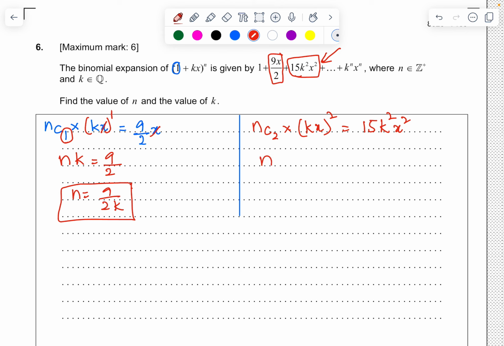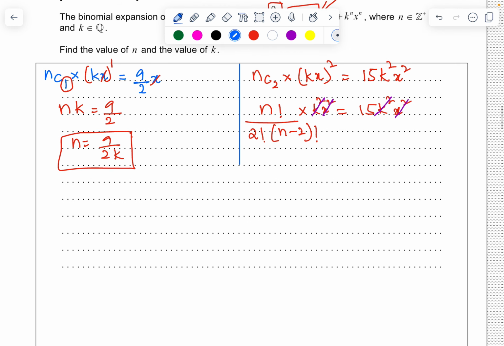NC2 is nothing but n factorial over 2 factorial times n minus 2 factorial, right? This is equal to, so this one also k square x square is equal to 15k square x square. So again here k square x square I can basically cancel, right?